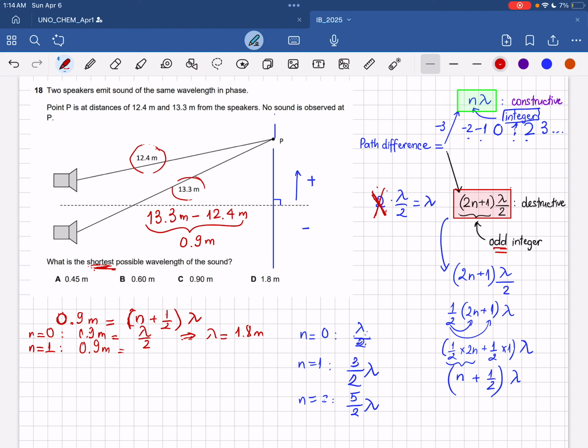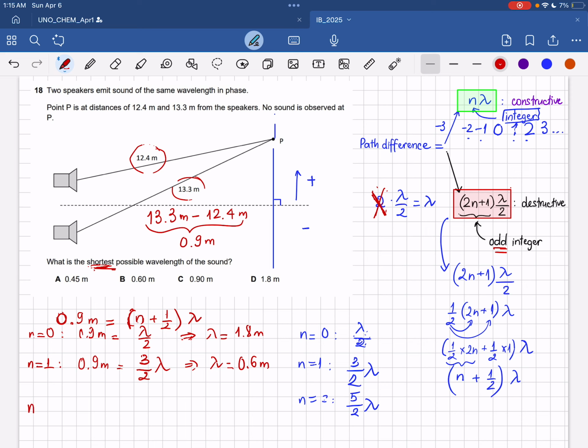When n equals 1, let me move this one below here a little bit so we have more space, this will equal 3 halves of a lambda. Now just solve for lambda: it should be 2 multiplied by 0.9 and then divided by 3, so it should be 0.6 meter.